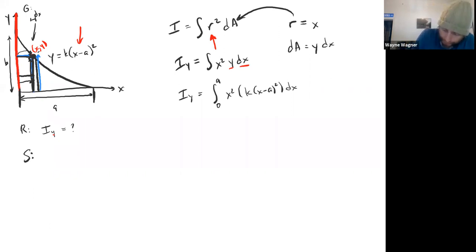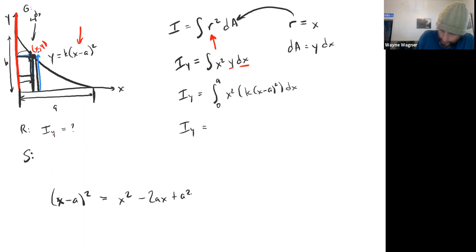So Iy. At this point, this is just straight up calculus. Like, can you remember the product rules and all the silly rules. I'm going to expand this x minus a squared down here. What's that? X squared minus 2ax plus a squared.